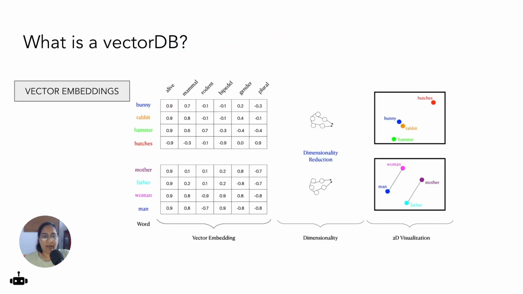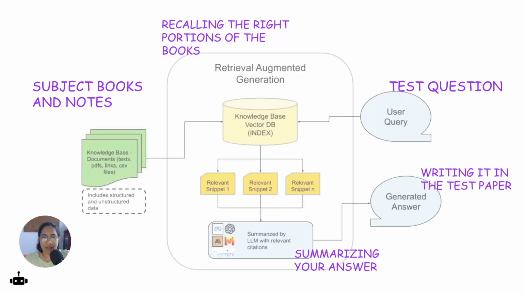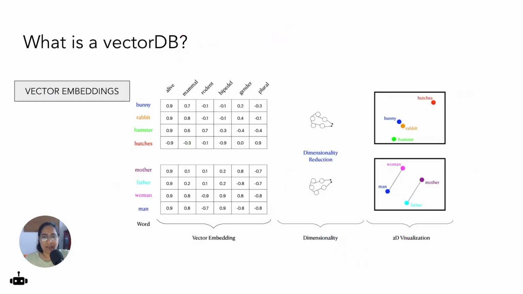And what is a vector DB in this context? Now we've been looking at this diagram where there is this little cylinder, which is the vector DB. This is basically how all of your documents are indexed in a large context called vector embedding.